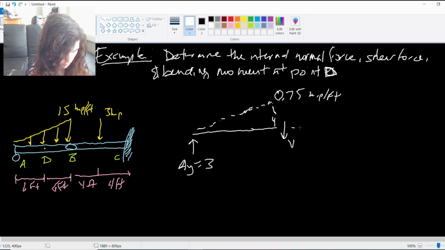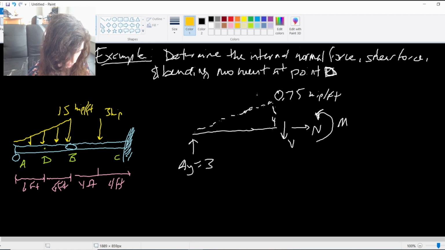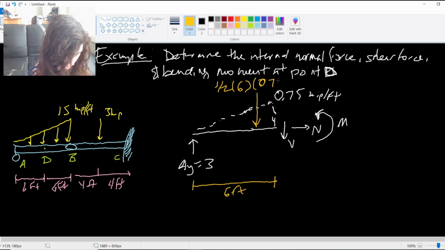So here are my internal forces: shear, normal, moment. And then again, I want to write this resultant force in here, which is going to be 1/2 times base, and here the distance A to D is 6 feet, 1/2 times 6 times height, which is now 0.75.